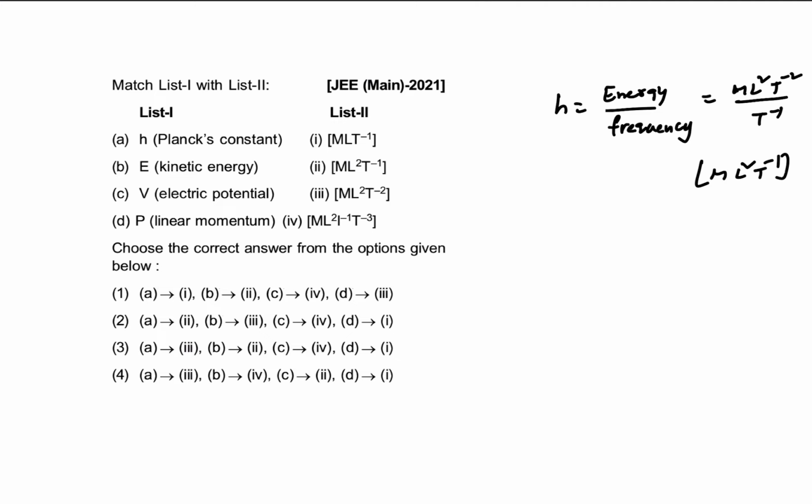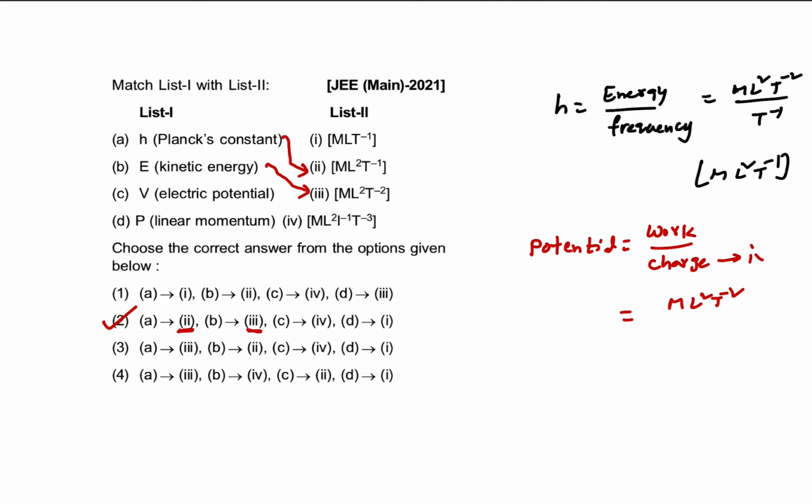Which one is satisfying m L square T power minus 1? In options, only 1, 2 is there. So this is the only option. If you want, you can check the remaining things also. Kinetic energy, m L square T power minus 2, it is matching. Electric potential, you can write it as potential is work done per unit charge.